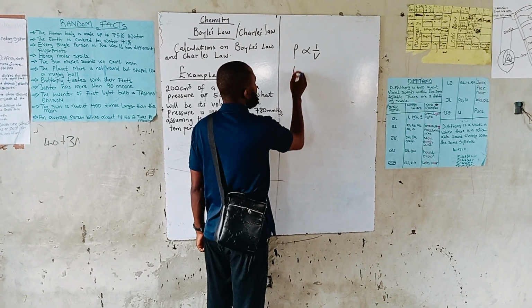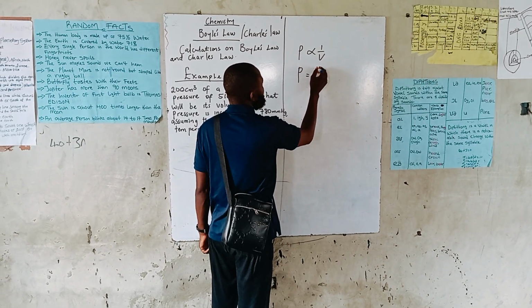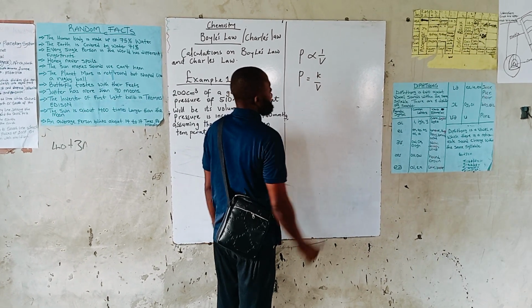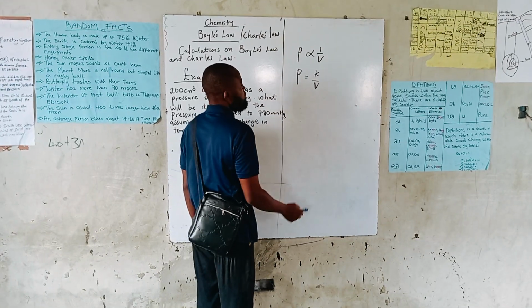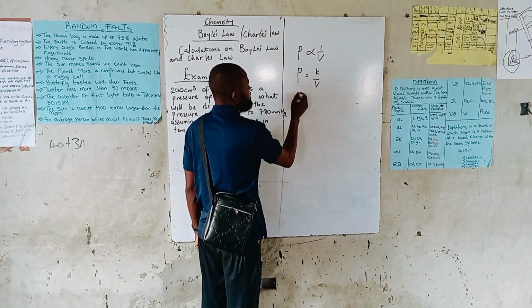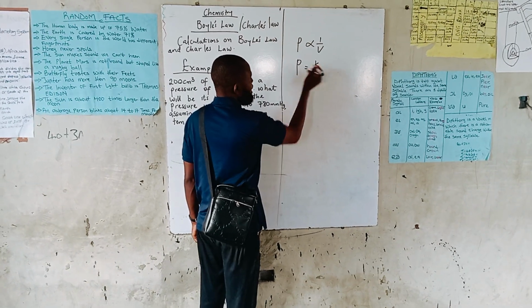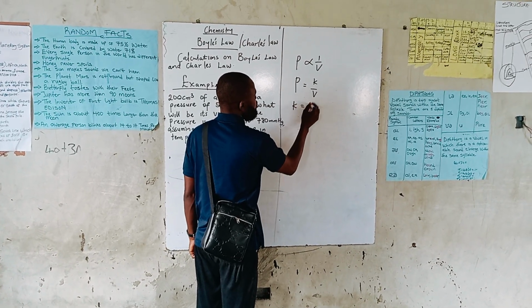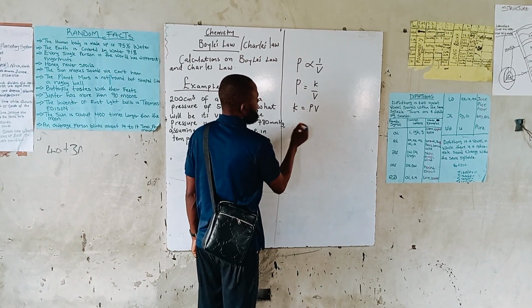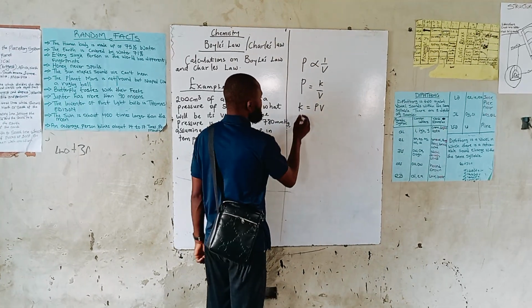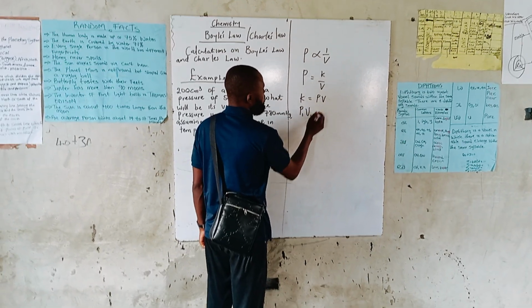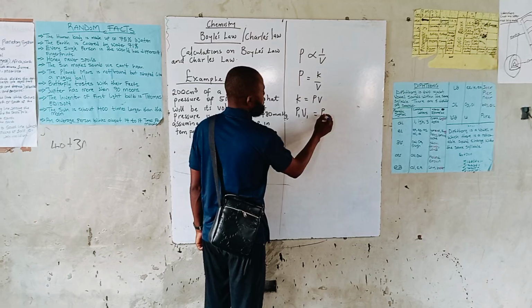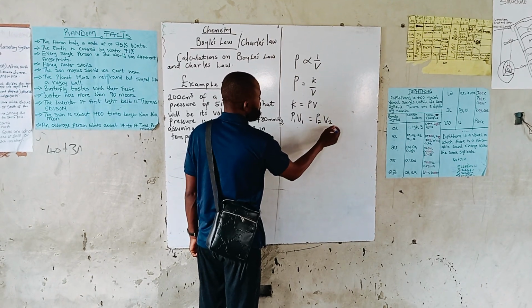Then P can also be K over V. Are you with me? Then K, let's make it the subject of the formula, K equals PV. We can now arrive at our formula, which says P1 V1 equals P2 V2.